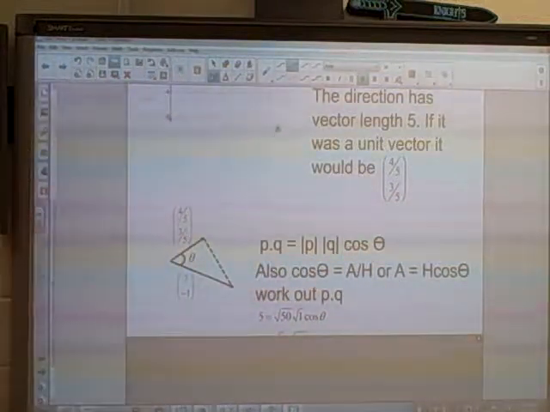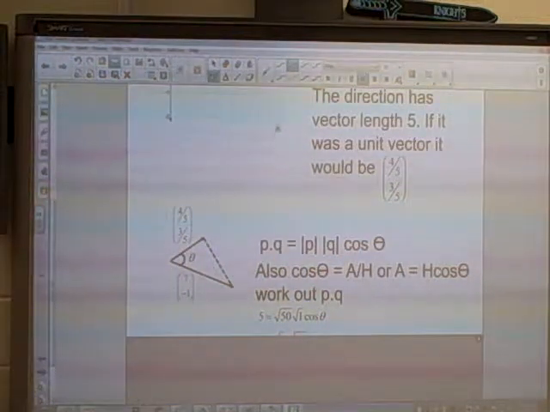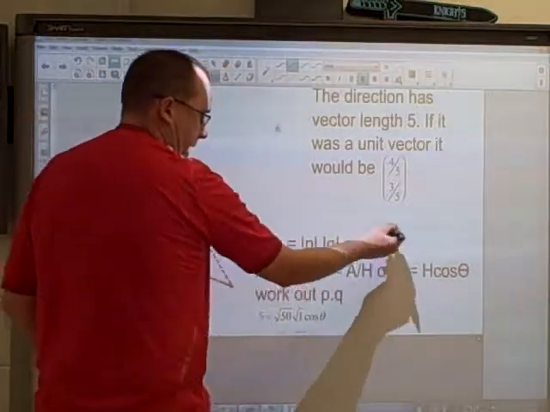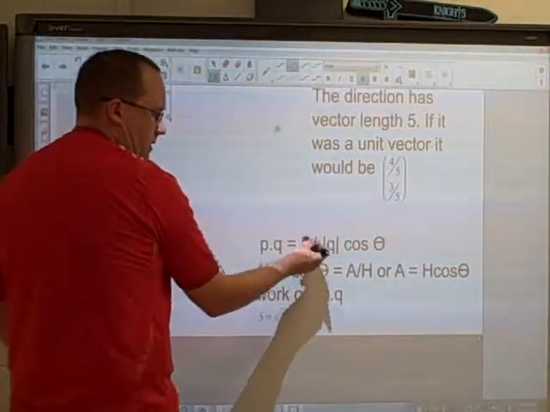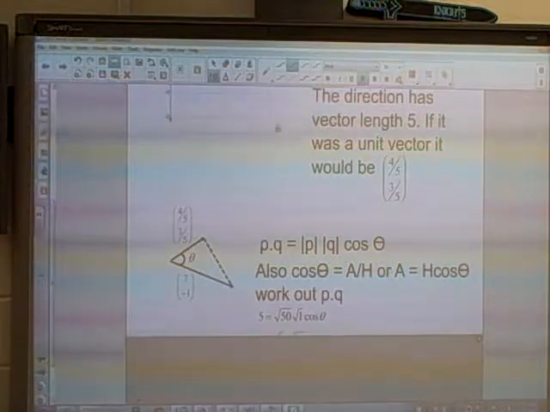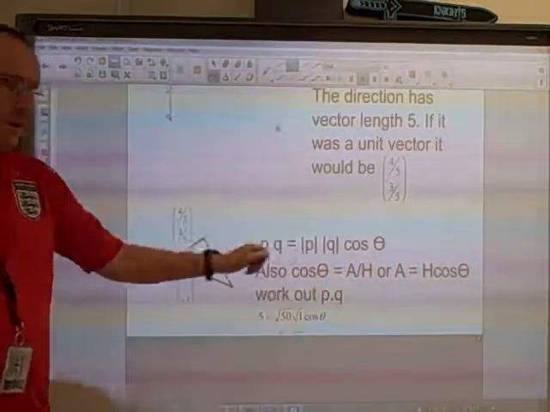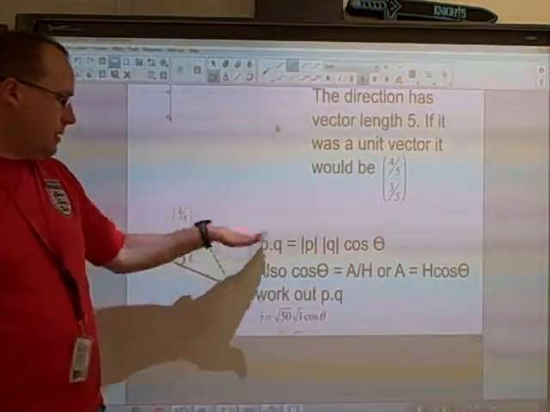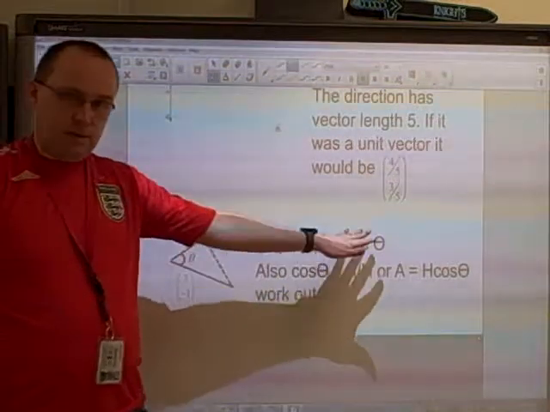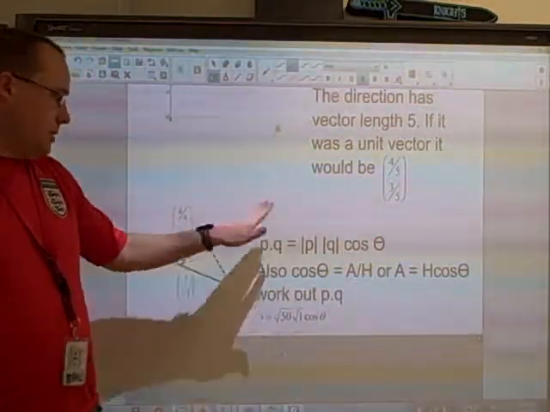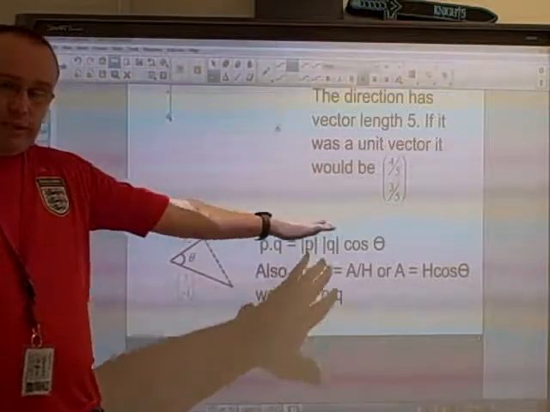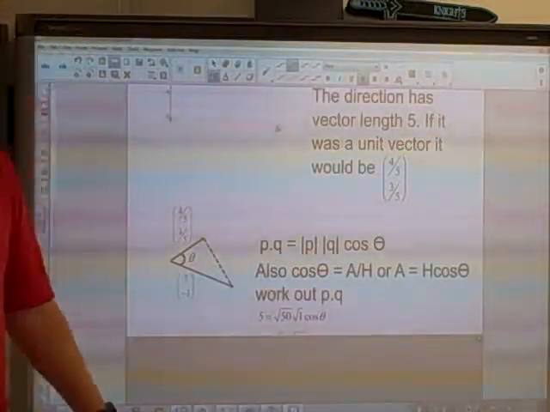So this is equal to A. Now absolute value of P, notice I made this a unit vector, so the length of this is just 1. So the dot product is equal to 1 times A. In other words, the dot product is equal to the adjacent side. And that's really the fact that you need to know.